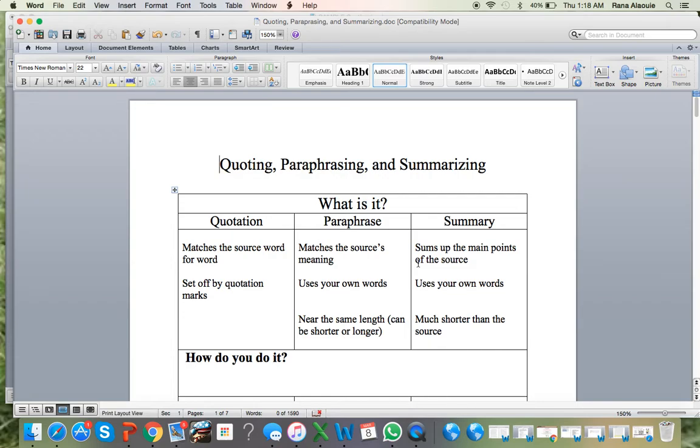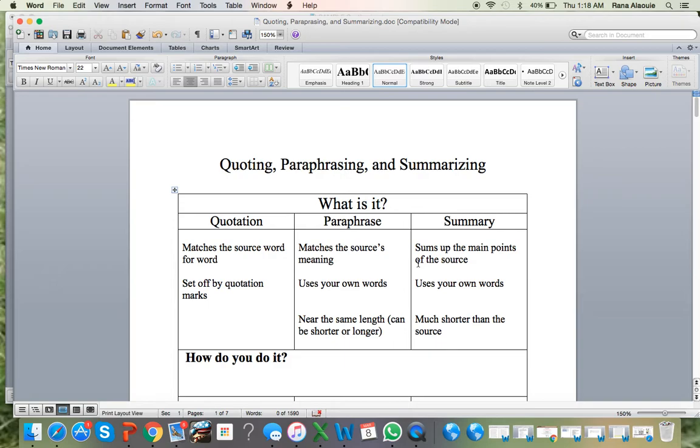Actually, that's incorrect. It could be a page. I can write a summary of a whole book in one page, about, I want to say maybe 300, 400 words. So that's the difference between these three.